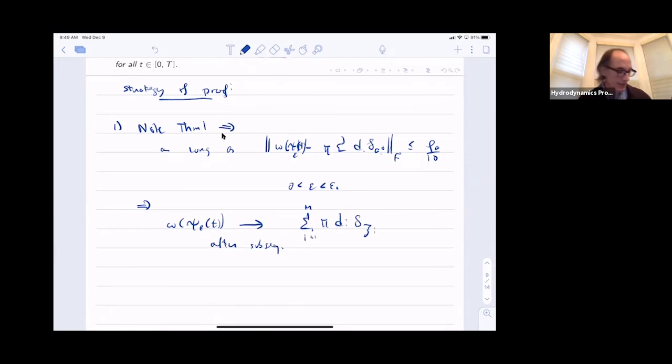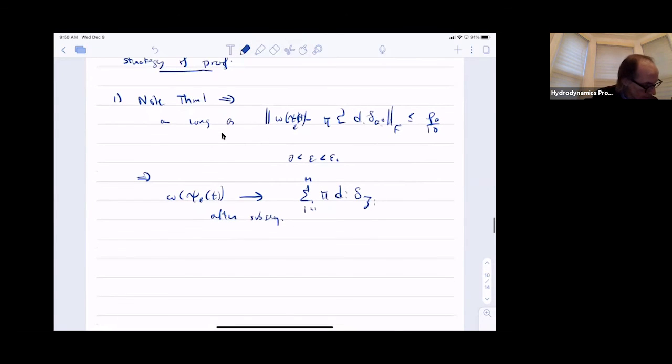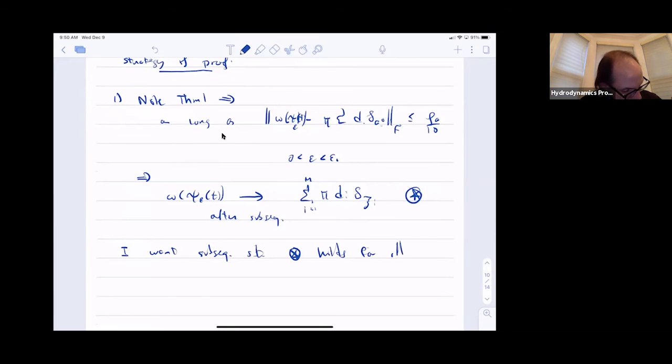What I'd like to do, and this is for any time I have compactness, is say I can extract a subsequence so that this holds for all t.